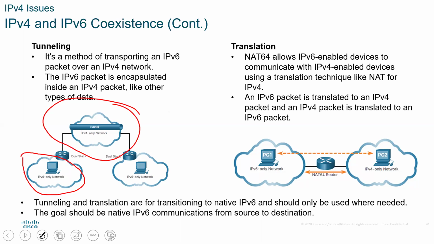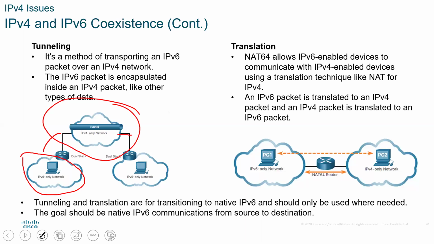It's like a kind of NAT. The IPv6 will be encapsulated into the IPv4, and then it will tunnel, and once it gets to the destination, it will come out and continue. So that is tunneling.